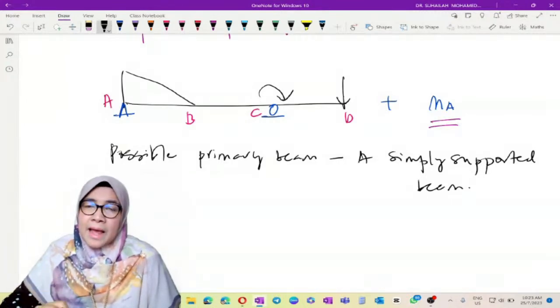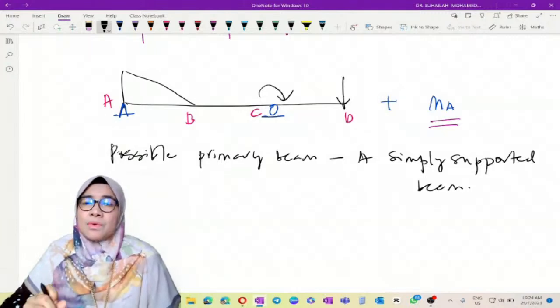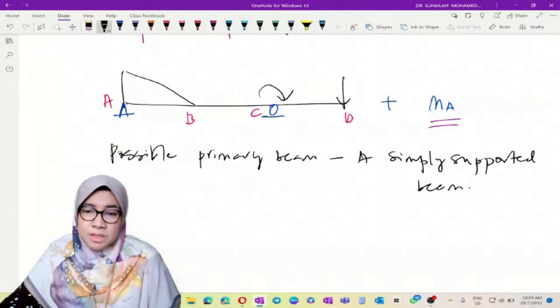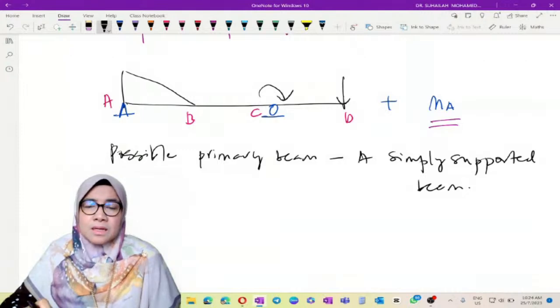Rotation at A means that when we write the compatibility equation, we have to determine the rotation that occurs at A position.